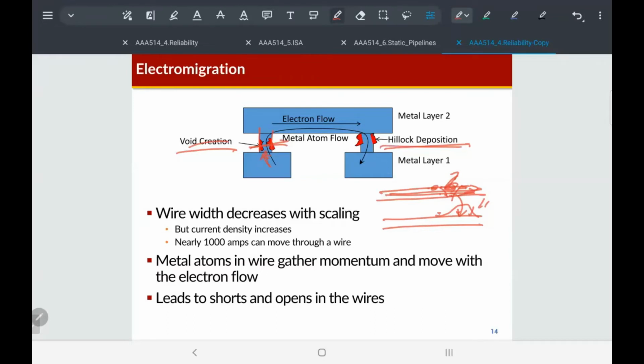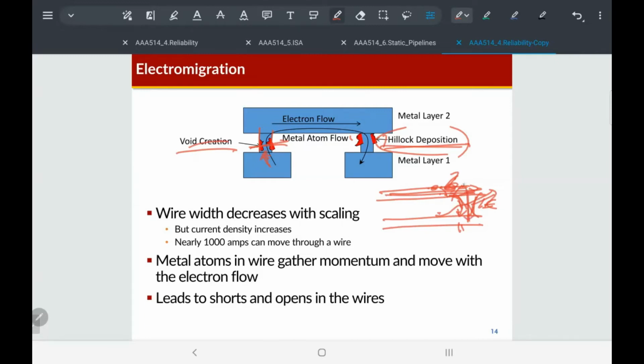And then hillock deposition means that the wire width is increased because of this issue, the electromigration. If the width of the wire is increased, then the wire can be shorted with the adjacent wires, which means the two adjacent wires contact each other.